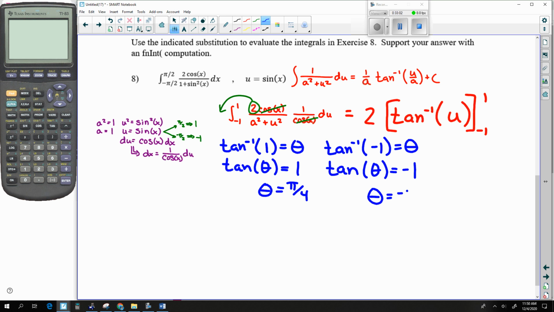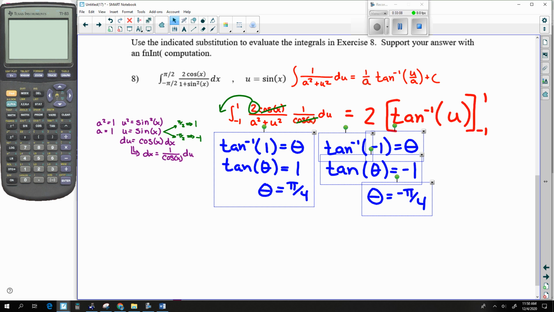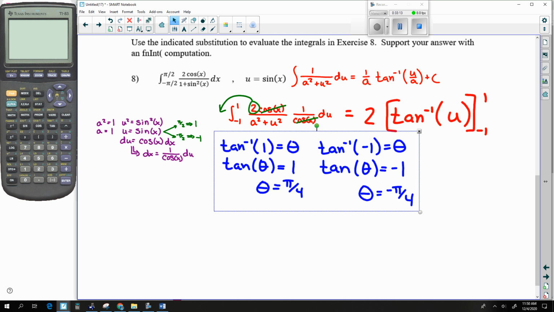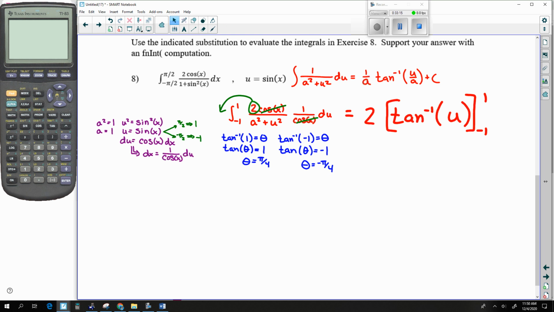So that's going to occur at negative pi over 4. Okay, so putting this all together, this is pi over 4 minus negative pi over 4, so that's pi over 2 times 2, so this is going to be pi.